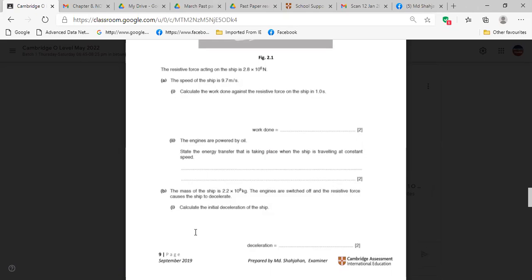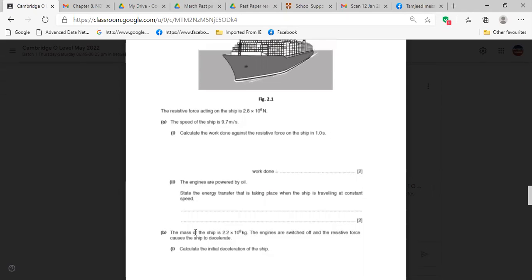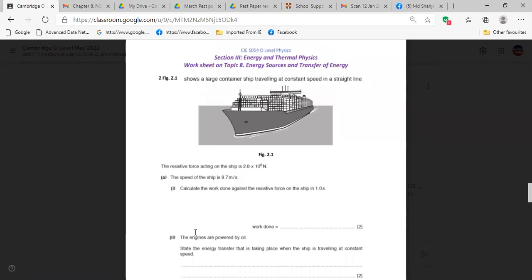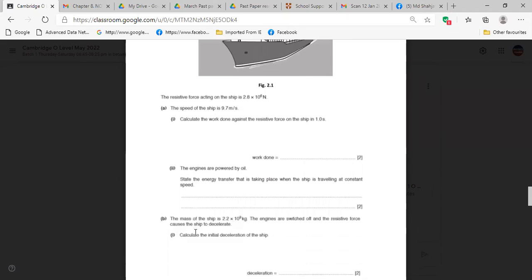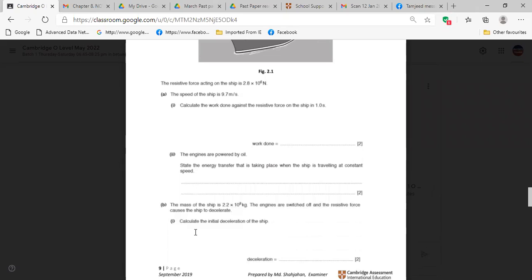So that opposing force is the resistive force. So this resistive force is the cause for deceleration, right? That's why we have to find the deceleration from this information. The resistive force is given, the mass is given also.